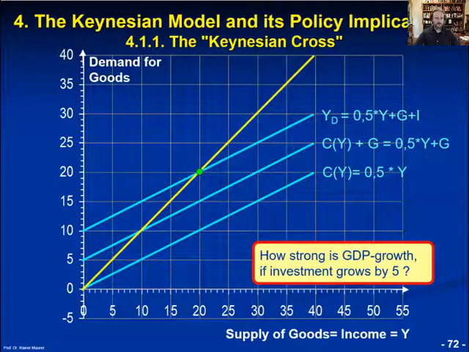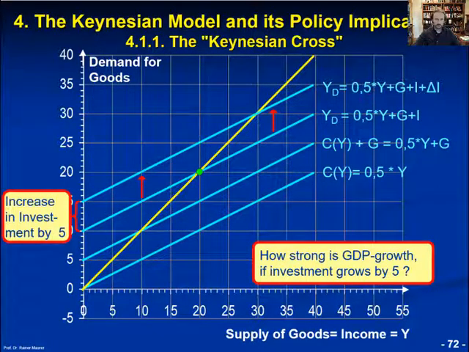In the initial situation, the demand for investment goods equals here 5 units, which corresponds to the length of one little quad. Let's assume now that the demand for investment goods grows by 5 units, or the length of one little quad. As a result, the demand curve shifts upward by 5 units.